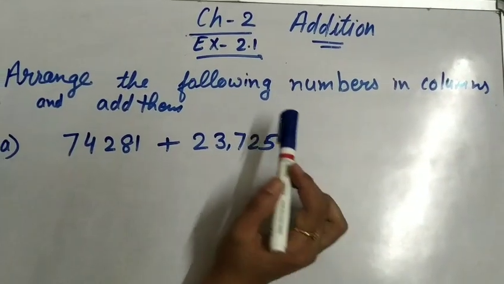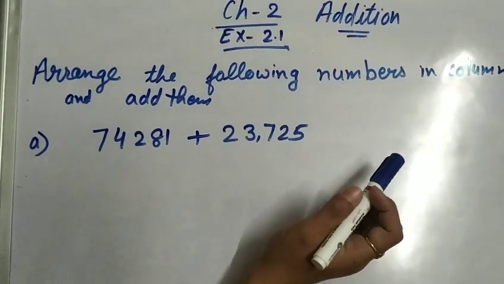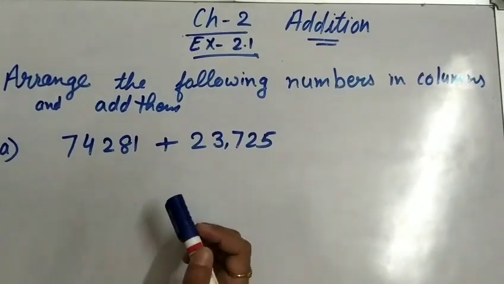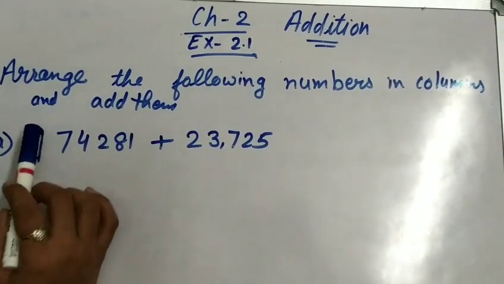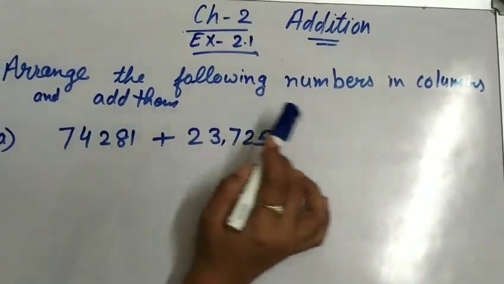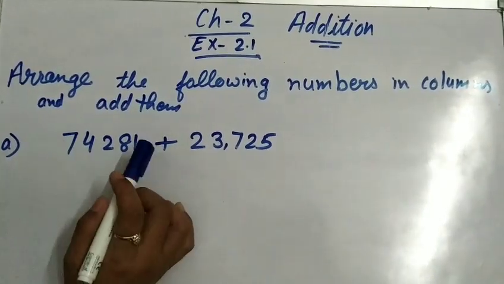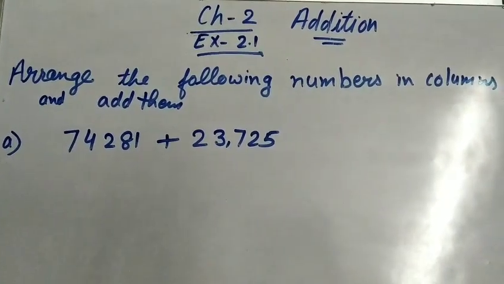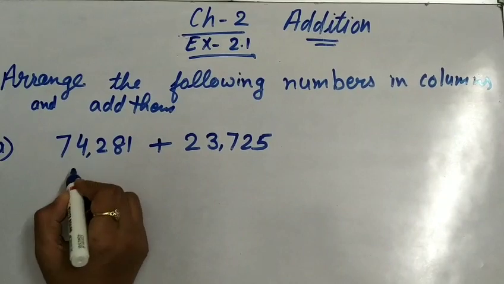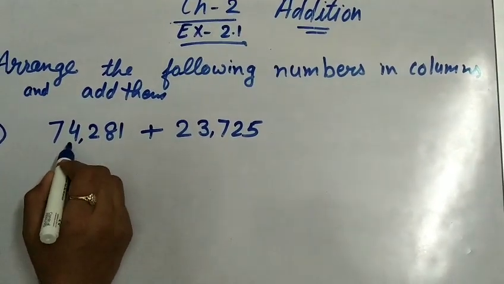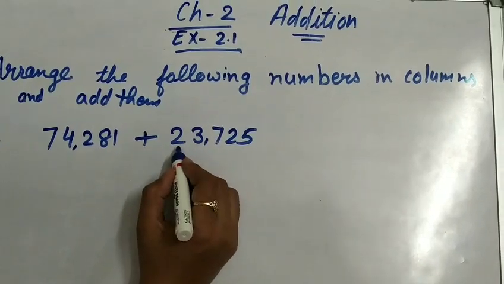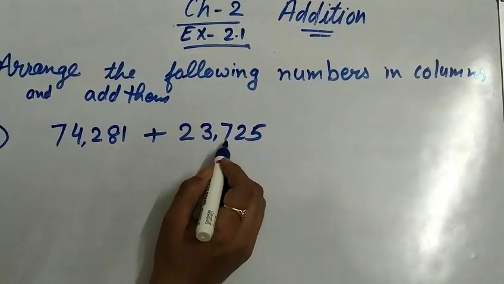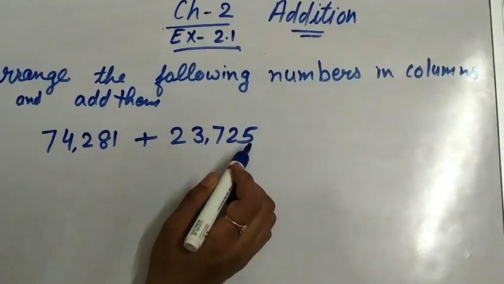Let's start exercise 2.1. The first question you have to do in your book. And see the second question: arrange the following numbers in columns and add them. Read the numbers. The first number is 74,281. The next number is 23,725.